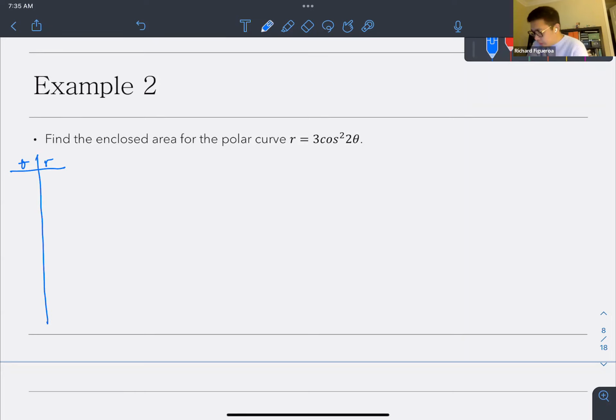What's significant here will be, so 0, the cosine 0, that will be 1. So making it equal to 45 degrees.